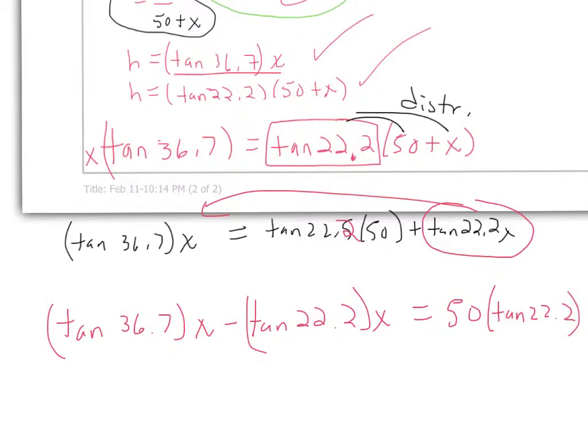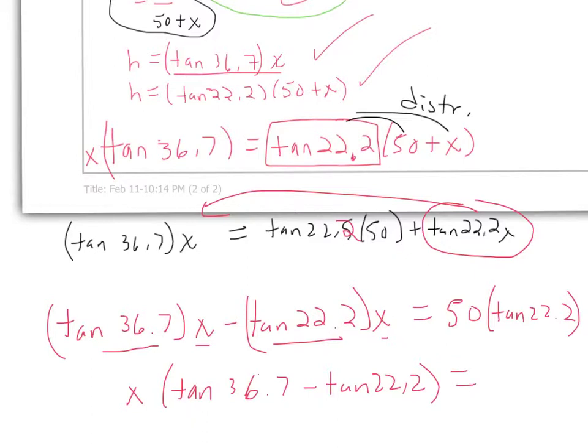Now because your computer often wants an exact answer for the homework, you're supposed to not start typing in these decimals until the very end. So you're going to factor out x as the GCF, so you'd have tan of 36.7 minus tan of 22.2 equals 50 tan 22.2.